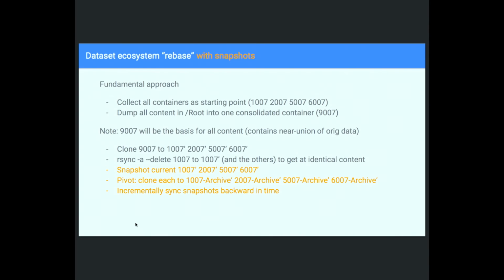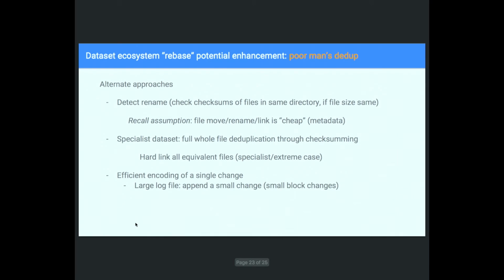Likewise, snapshots can be rebased as well, using the same idea. There's a way to do deduplication that is not quite deduplication, but it's a version of conserving data. If we note that a file has moved, in theory we could encode that by a move operation.